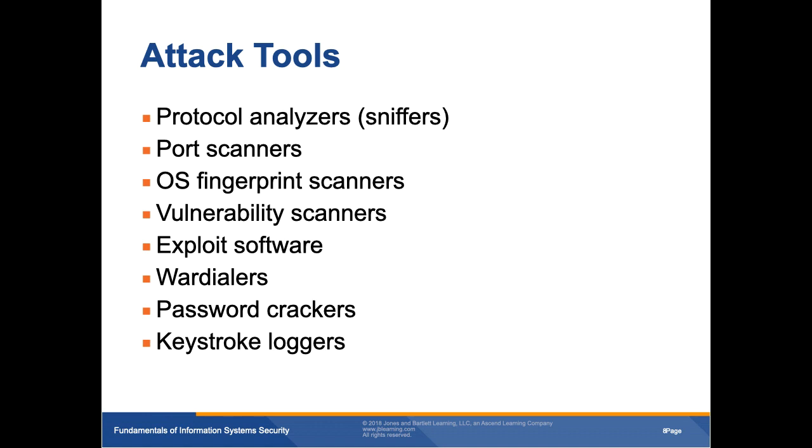This is where the term script kiddies comes from, where novice hackers are trying to learn to hack, but until they do, they use tools like this exploit software that's written by an advanced hacker or cracker that does the work for them, right? It makes it easy for them to just run a script and gain access and exploit a system.